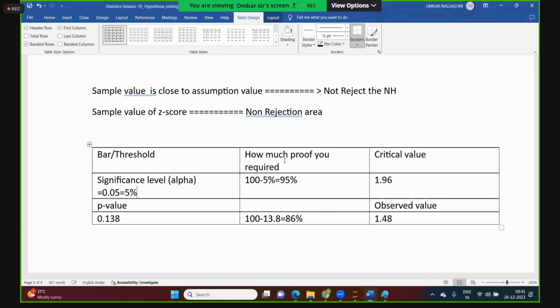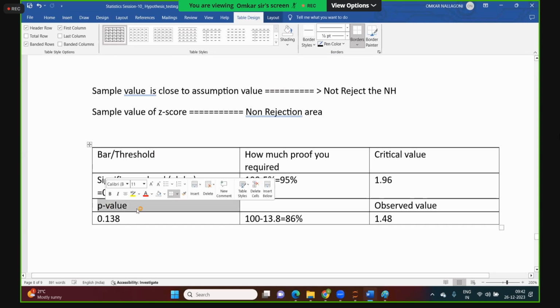Correct? 5% means I'm okay, 95% proof is required. If you prove that my null hypothesis is true, that Virat Kohli's average is 50 or 60, how much proof do you require now to prove that? 95%. But this p-value is like Kattappa.